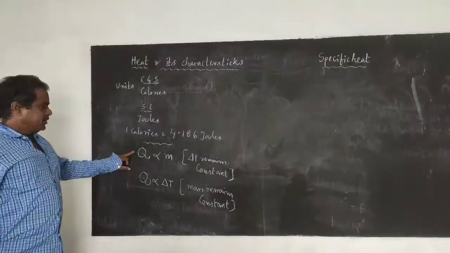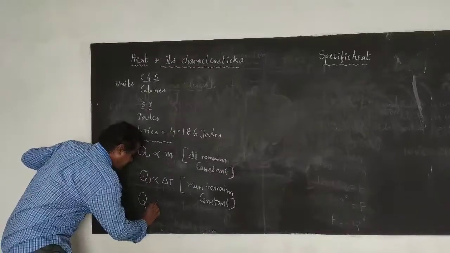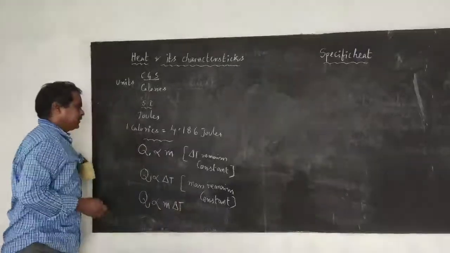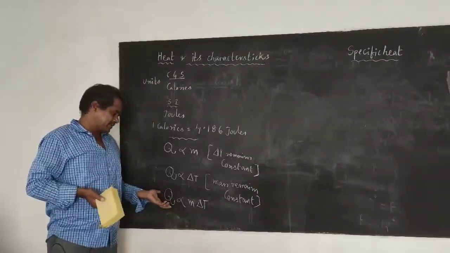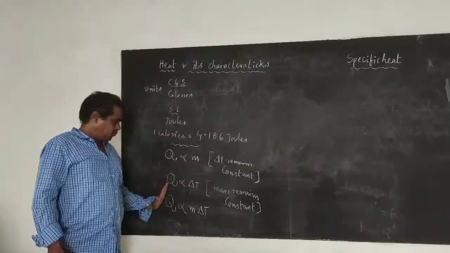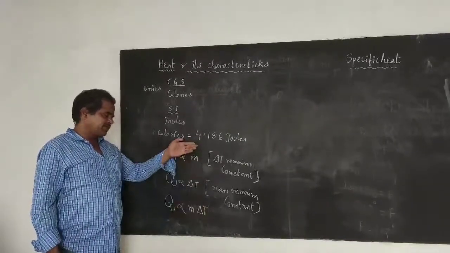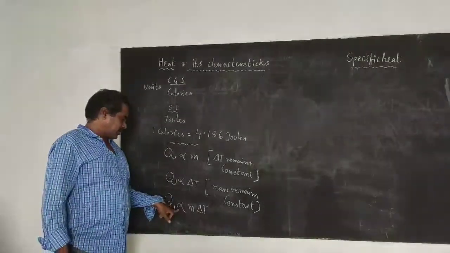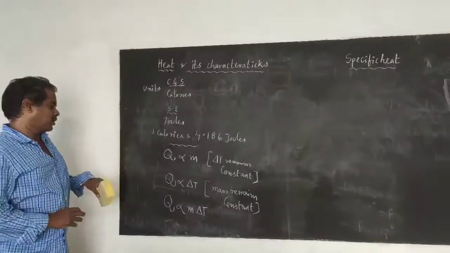From these two relations we can write Q is directly proportional to M delta T. According to mathematics, for any two factors in a proportionality relation, when the value of one factor increases, the value of the second factor also increases. So to remove the proportionality between these two factors, we must introduce a constant.